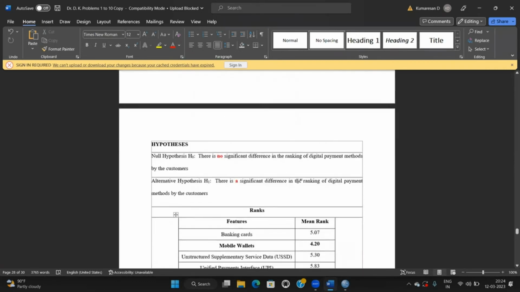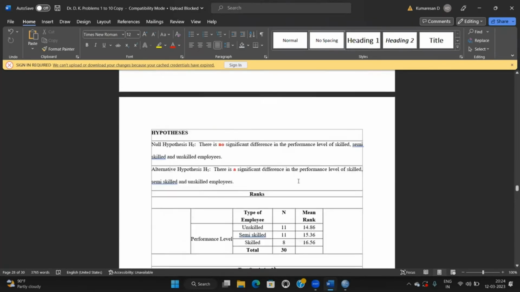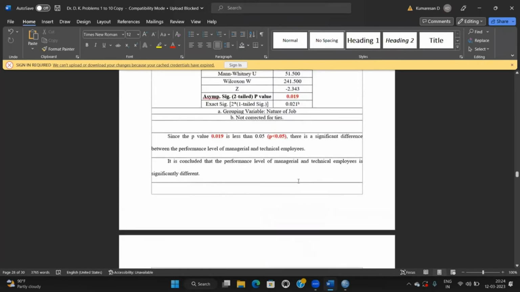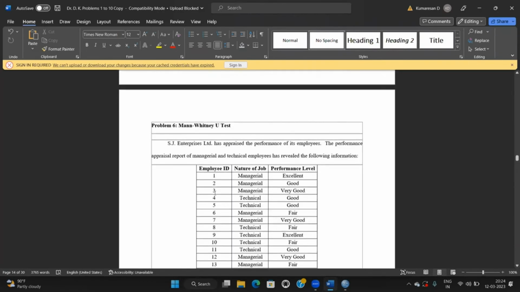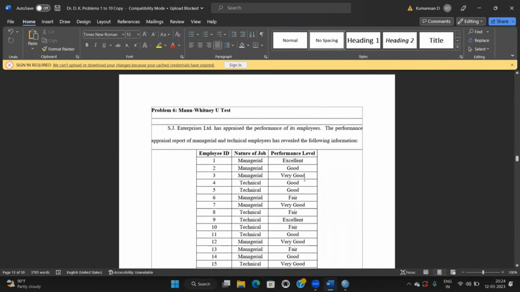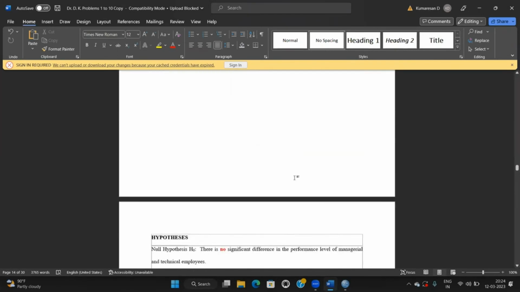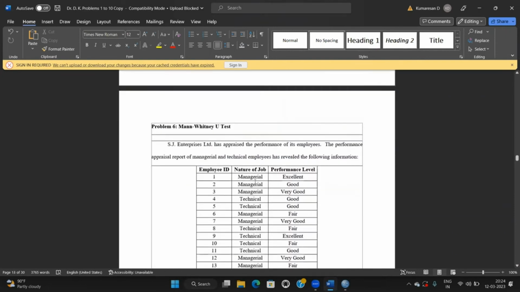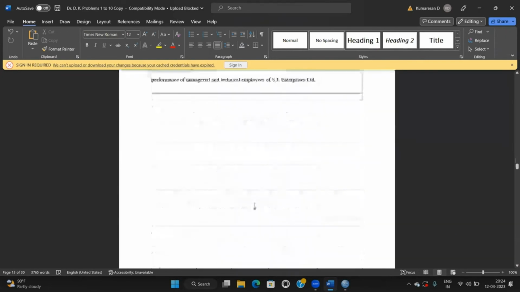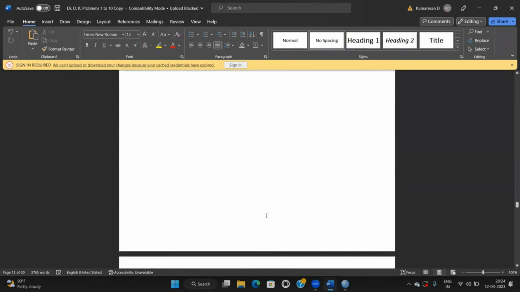Earlier in the case of Mann-Whitney U test also, we had data like this: managerial and technical. Performance level, ordinal data. Maybe 3-point scale or 5-point scale, that is different. But here, see, it was managerial and technical. Here, attended, not attended.